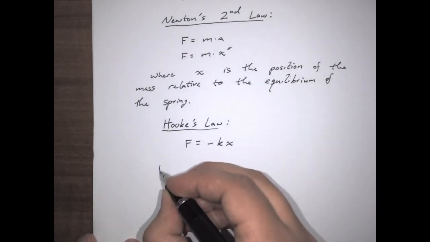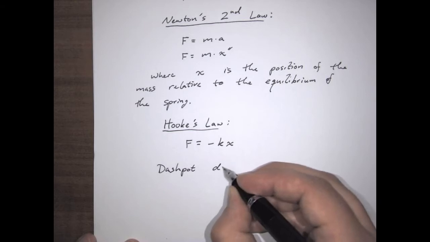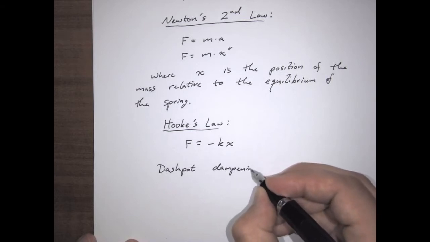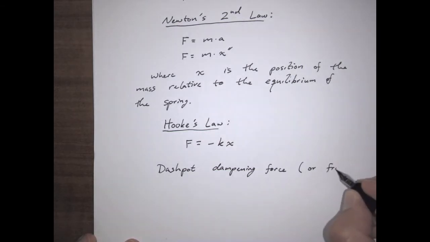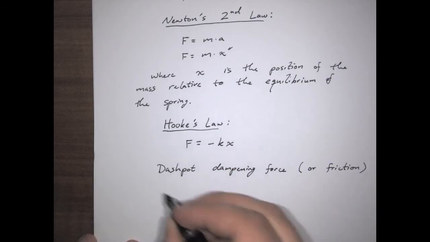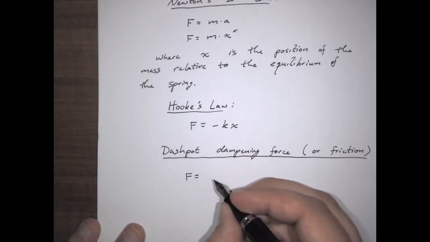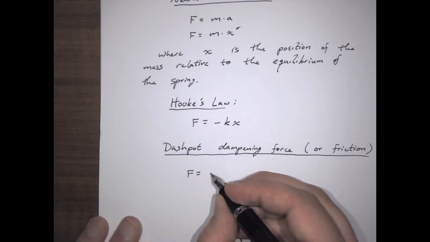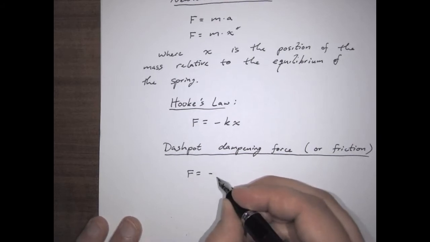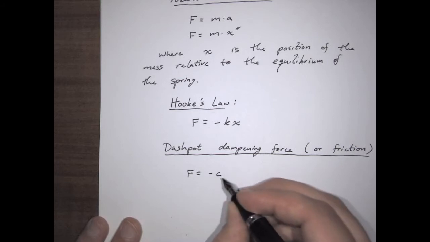And then for the dashpot, the dashpot dampening force or friction, we're going to assume that we are going to have a force that is going to be dampening the thing contrary to the direction that it is moving, so it is indeed absorbing it in a friction-y way, and it's going to have a constant c.